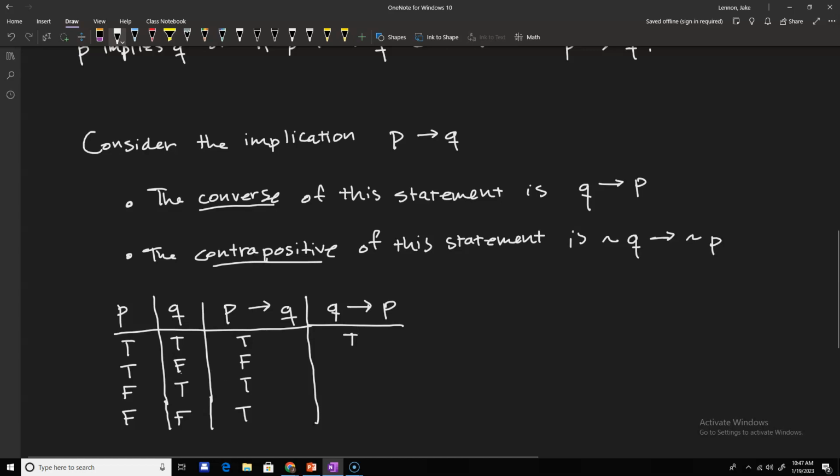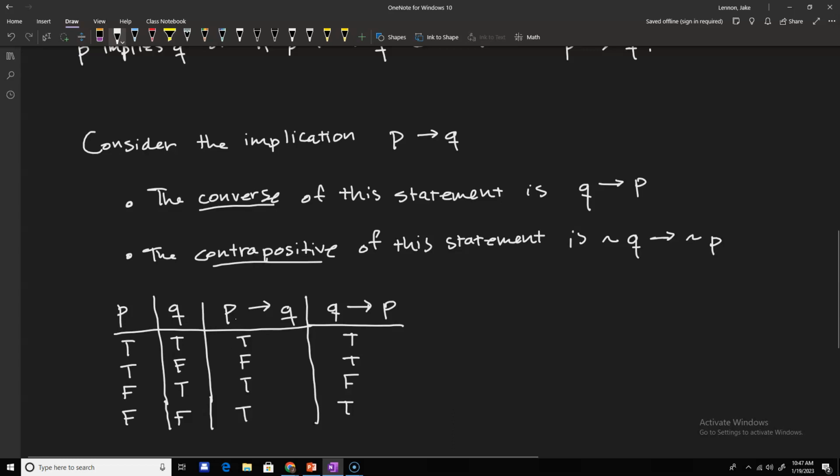But now let's look at what's going on. If Q is false, then anything we say about it is true, so we get true for this one. If Q is true and P is false, a true statement cannot imply a false one, so this one turns out to be false. And in the last row, Q would be false, implying a false P, but your hypothesis is Q, so that makes a true statement.